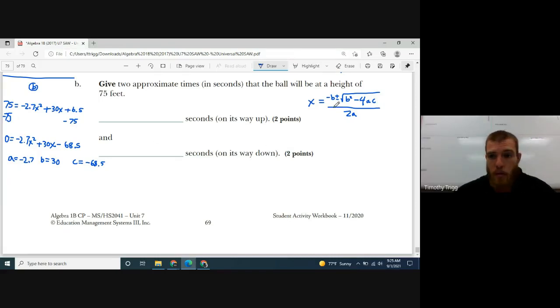Okay, so everywhere you see an a, we're going to replace it with negative 2.7. Everywhere you see a b, we're going to replace it with 30. And everywhere you see a c, we're going to replace it with negative 68.5.